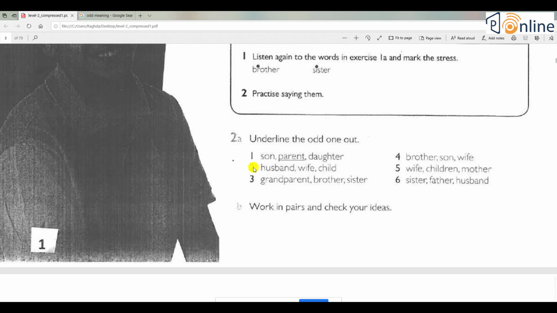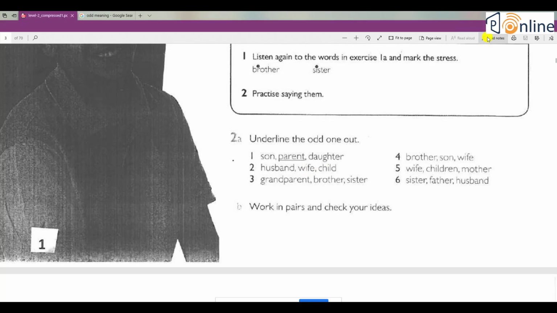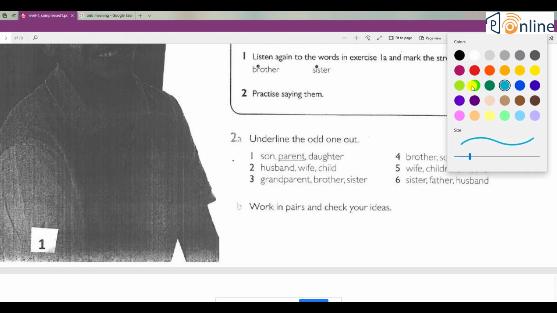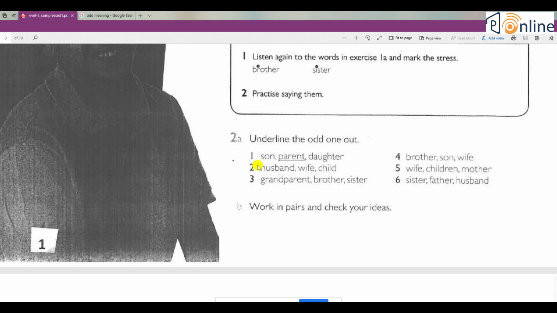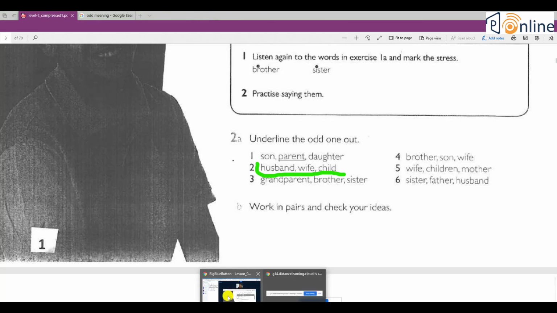Then we have number 2: husband, wife, child. Husband, wife, child. So here it is. This is the category. I will mark it like this so you can see where exactly we are.